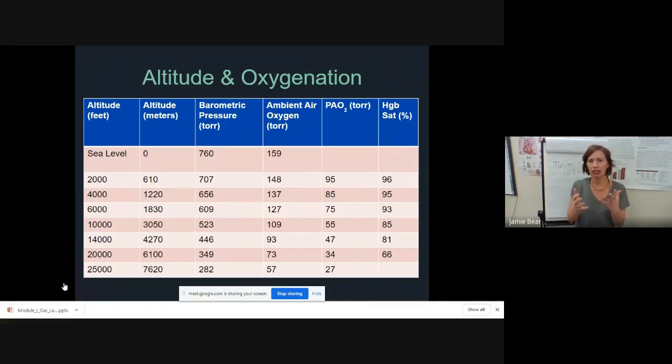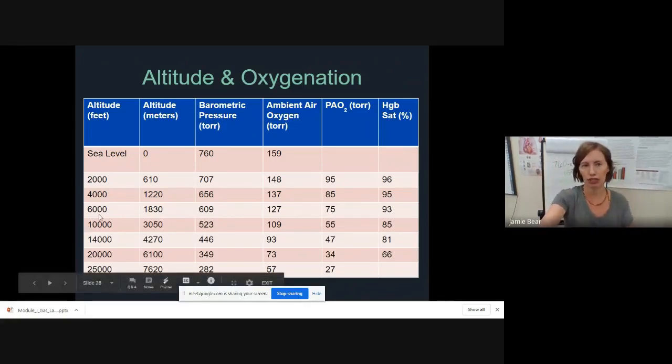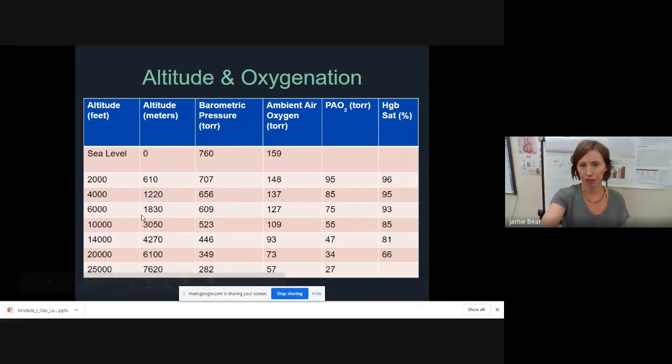So let's look here. Here in Denver, we're at 5280 feet. Here in Aurora, we might be a little bit higher, so let's just say we're at 6,000. You can see here at 6,000 feet, that's 1830 meters, our barometric pressure is only 609.